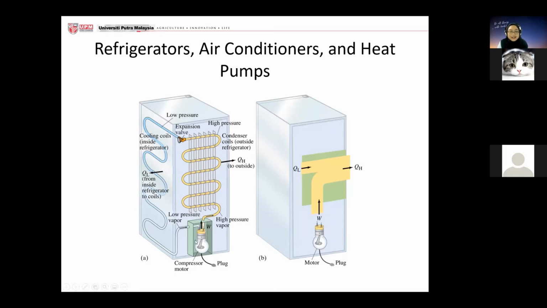The work is done by the compressor to take out all the heat inside the refrigerator. Because remember, in a natural situation, heat always moves from high heat to low heat, which is why in a refrigerator and air conditioner, you are using work or power to drive this process.